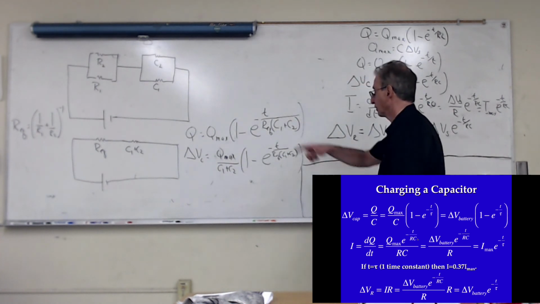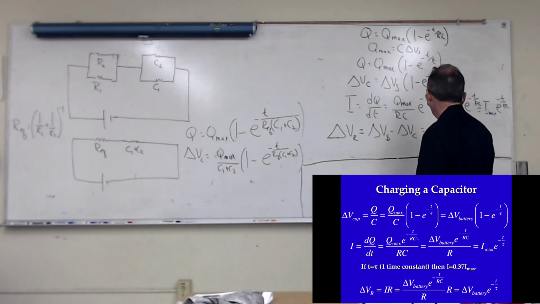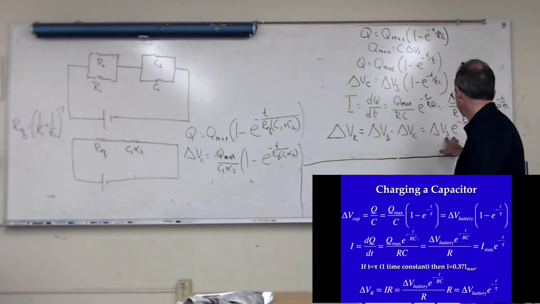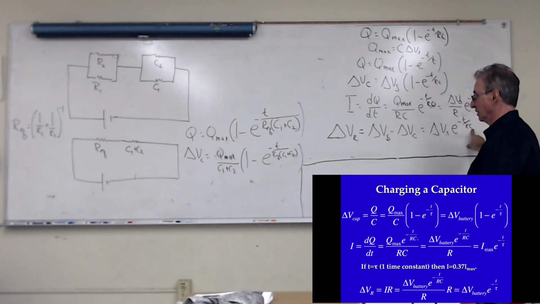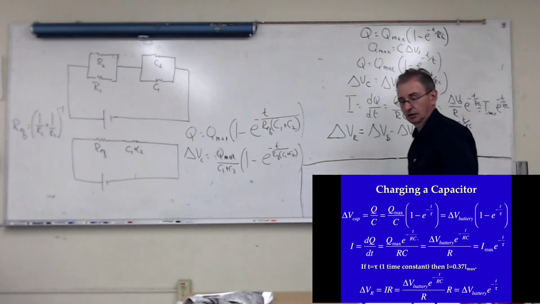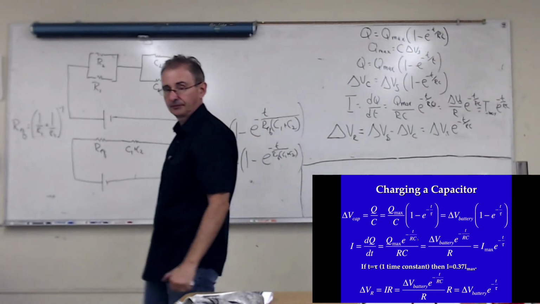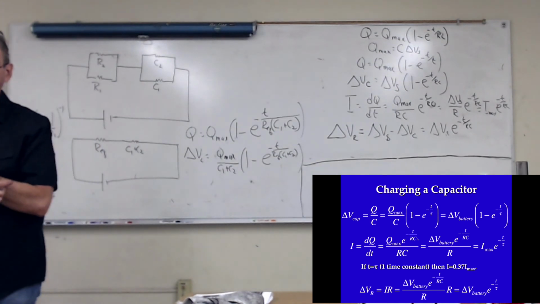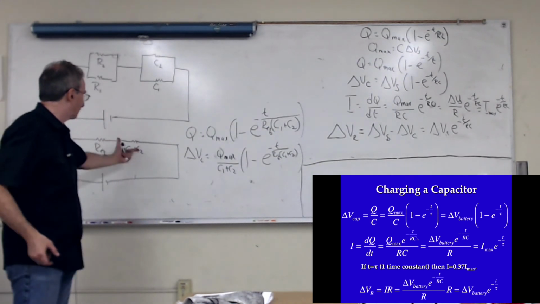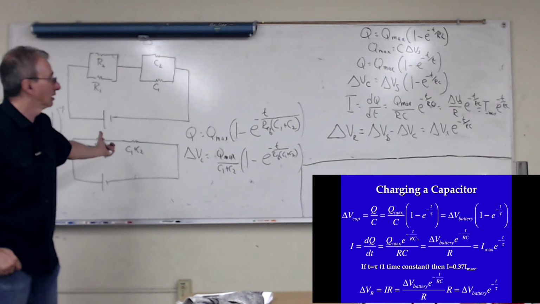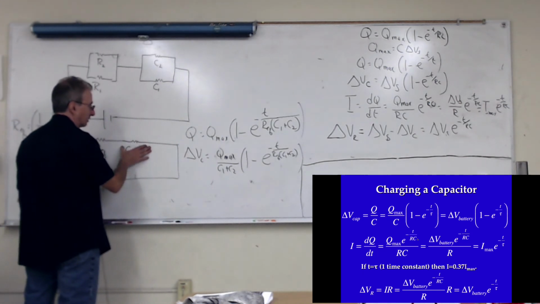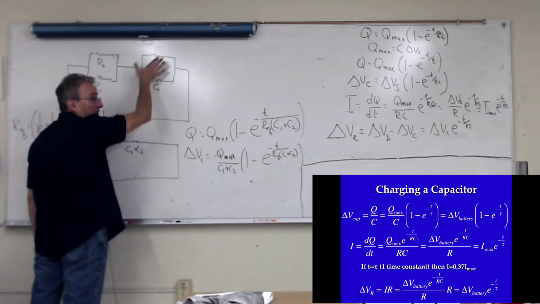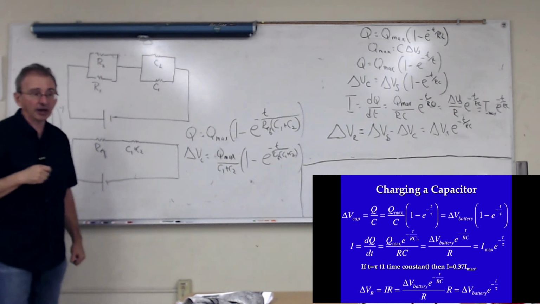And then the voltage drop across the resistor is going to be given by this expression, where R is R equivalent and C is the C equivalent. What I've done, I've reduced this circuit down into a regular RC circuit. And I know that whatever the voltage is across this has got to be the voltage across either one of these two capacitors because they're in parallel.